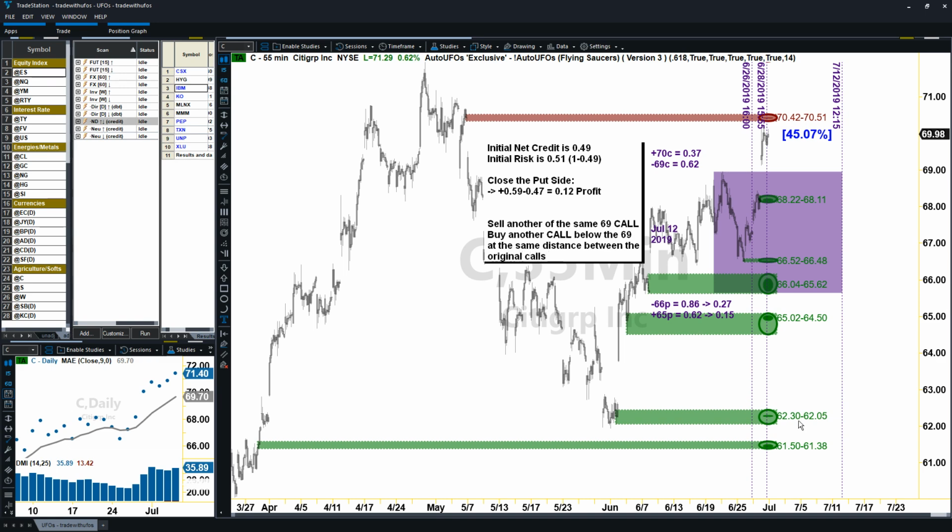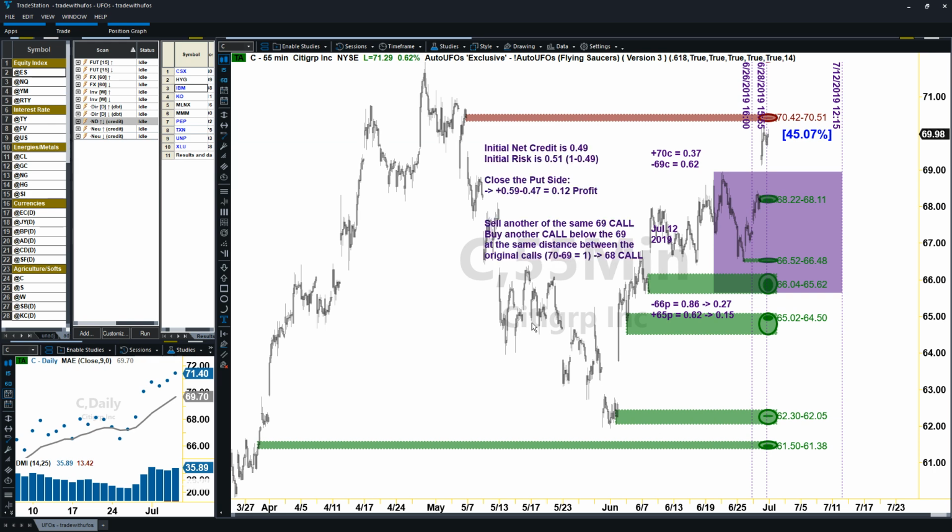In other words, the distance between the original calls was 70 minus 69. That is 1, right? So the call I will be buying will be below 69 by the same amount, which is 1. So then it's going to be the 68 call.